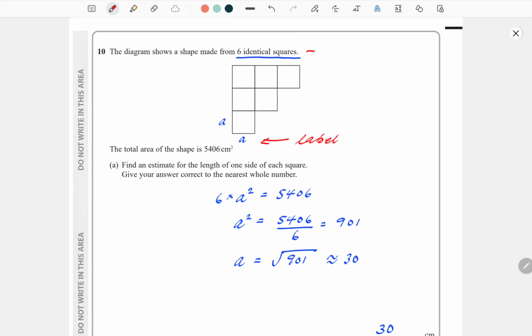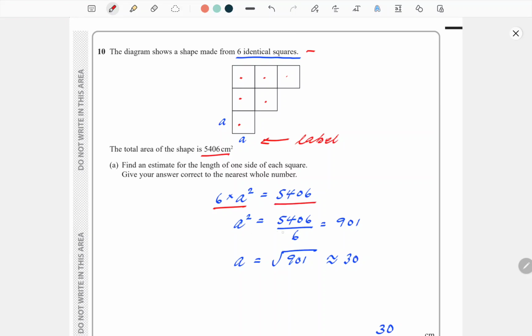Given that we're going to call it A, that's what I've chosen, and they're saying that the total area of the shape, 1, 2, 3, 4, 5, 6, 6 of those squares, so the area is 6a squared, equals 5,406 centimeters squared.